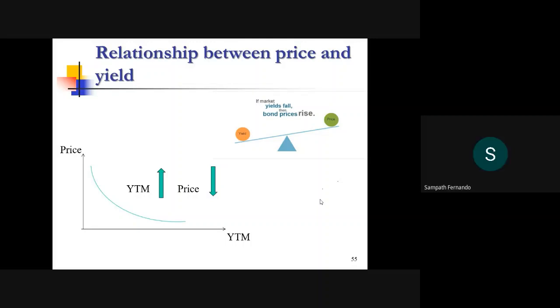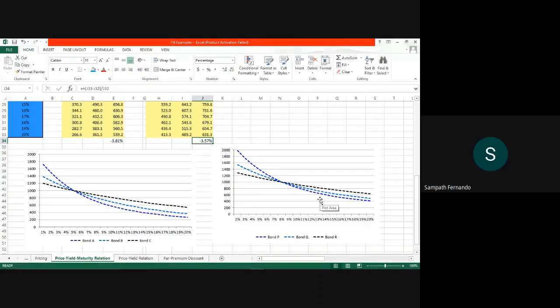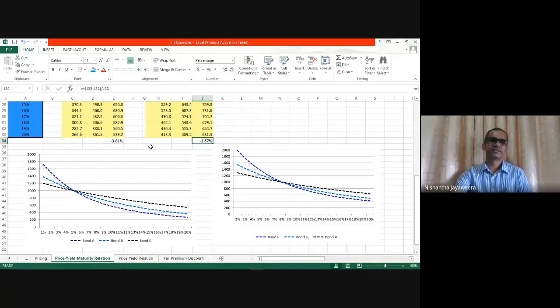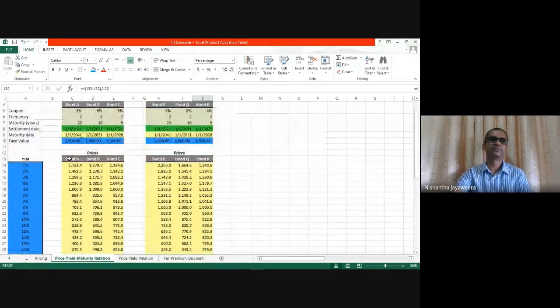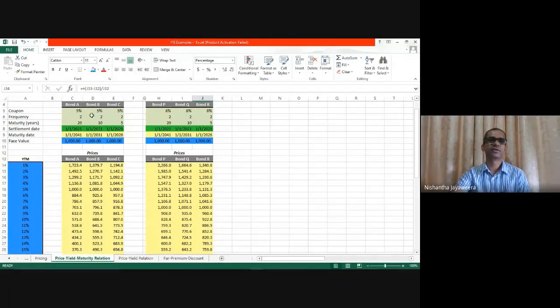Sir, can you go to that Excel sheet? Try to generate this by yourself. Put the coupon rate, frequency, maturity, settlement date, and maturity date.